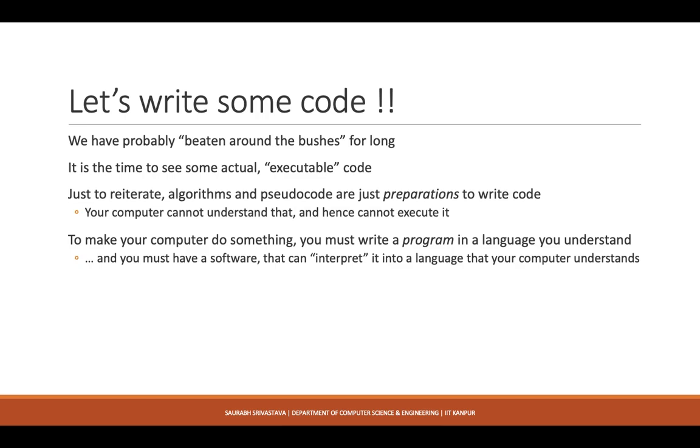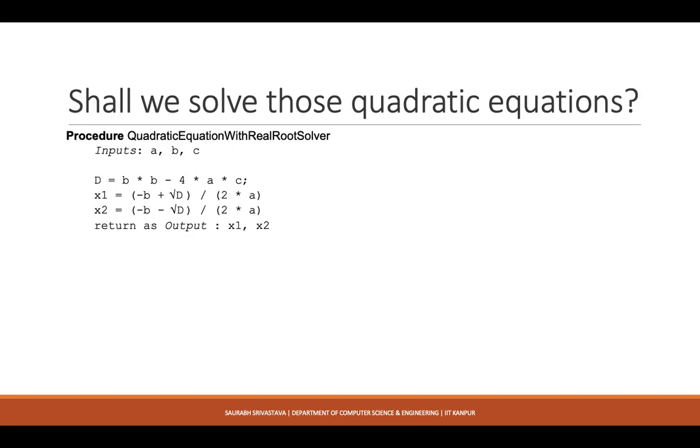We've seen it looks like zeros and ones, or at a higher level, add, store, load, that kind of thing. So that particular language that we are going to use for writing our programs is C, and the software which is going to interpret that into something that the computer can understand is GCC. And I hope that by now all of you have already installed GCC on your machines.